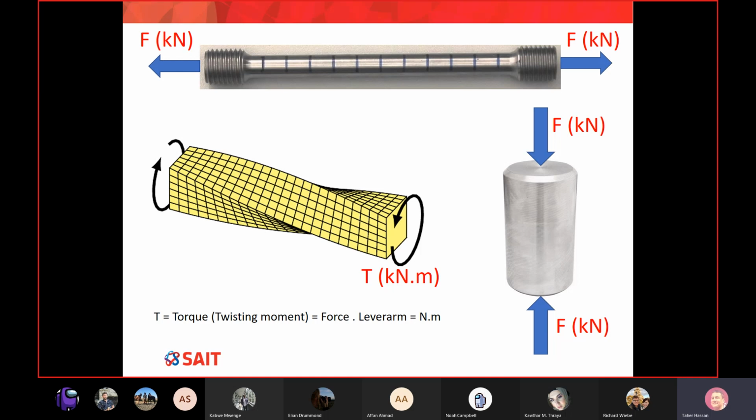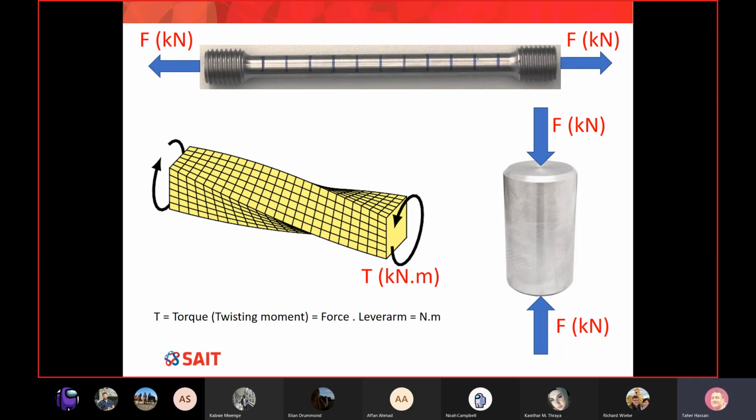It's perpendicular to the cross section. Compression is exactly the same thing with difference by reversing the force direction. So you can see compression is a force that tends to shorten our member. It causes also an axial stress, which is perpendicular to the cross section of our specimen.